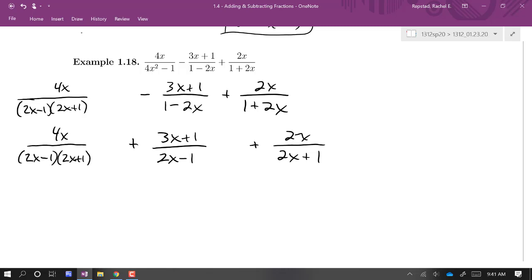Middle one you have to multiply by 2x plus 1. Great. And then the opposite of the last one. So 2x minus 1?